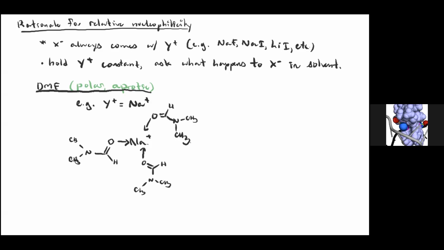The solvent molecules are like people surrounding one person. Suppose two people go into a room and then one person gets surrounded by a bunch of other people. That's like the solvent surrounding the cation. The other person that came in the room is kind of left alone, standing alone. And that is your X minus.